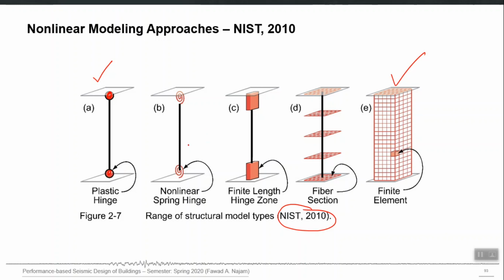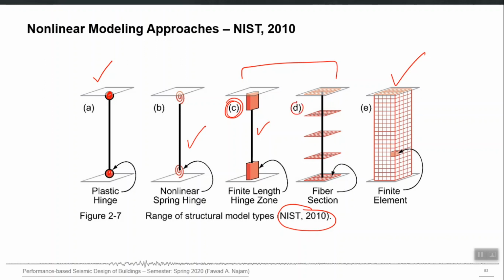In between them can be several other approaches also. For example, nonlinear spring hinge, it is very similar to this one. These two are actually the distributed plasticity approaches. In this particular case C, the plastic action is distributed for some part of the length, and in between those two parts is a linear element.